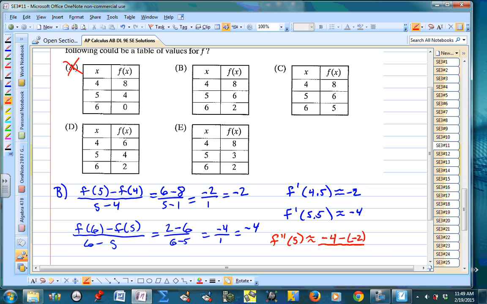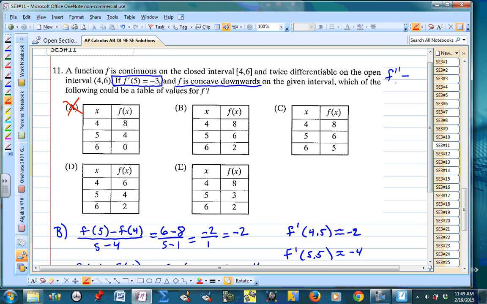Negative 4 minus negative 2 all over 5.5 minus 4.5. Give us negative 2 over 1, which is negative 2. So right now, B is in contention for consideration because the average rate of change of f, according to the table in B, is going to be about negative 3 when x is 5. And we see that our second derivative is negative, indicating that f is concave downward. So B is in consideration.